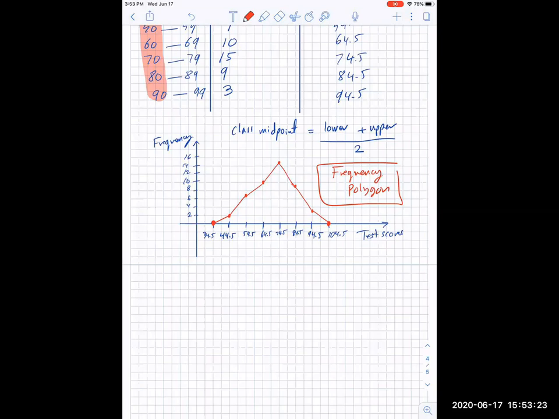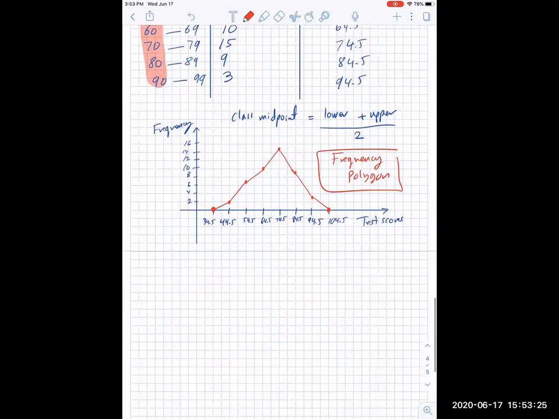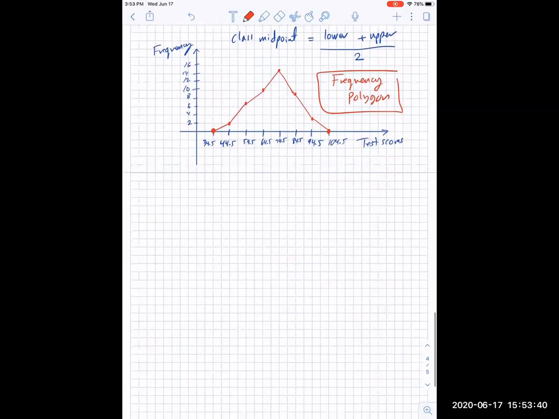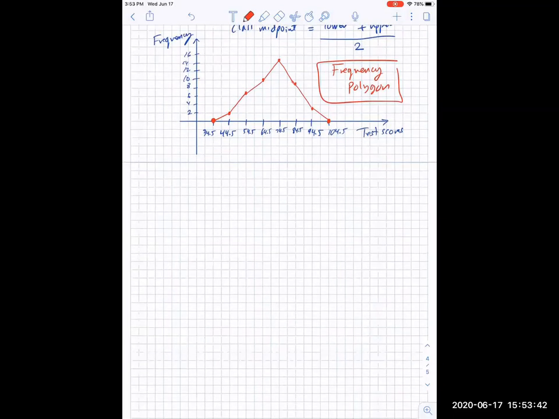Guys, the next one we have, we're going to discuss a little bit more graphs, but now we're going to discuss graphs that are related to numerical data, but small sets of data.